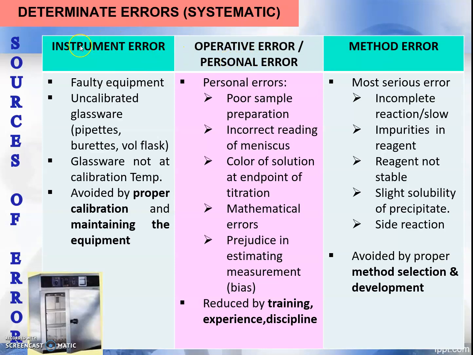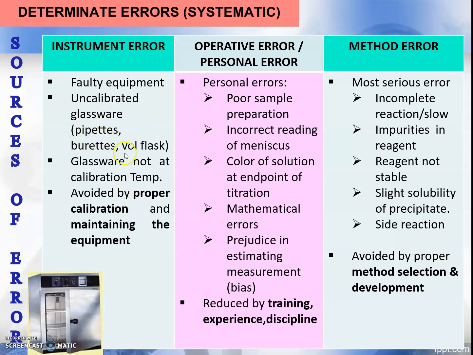First, the instrument error might be from the equipment being damaged, or from glassware that is not calibrated. Glassware such as burette, pipette and volumetric glassware should be calibrated to ensure that the volume of solution delivered or contained is accurate.